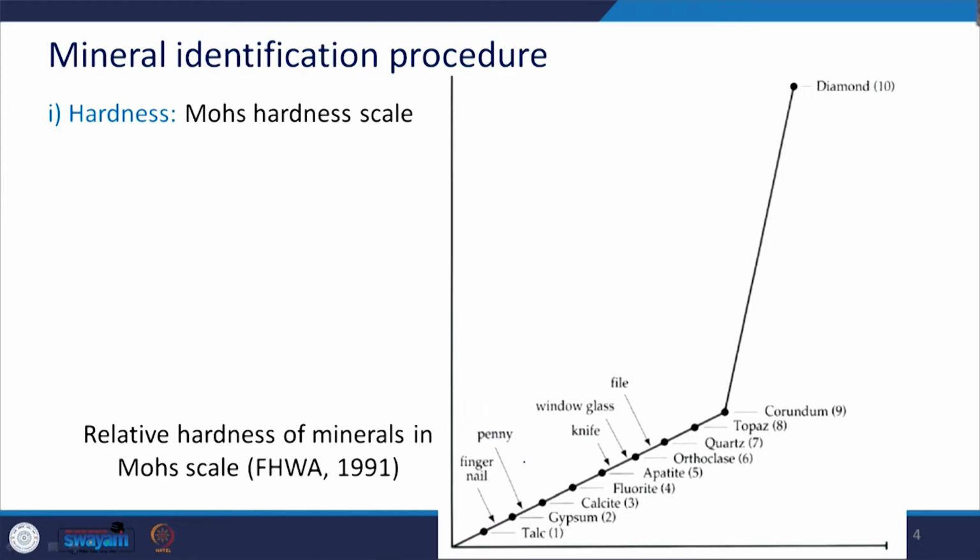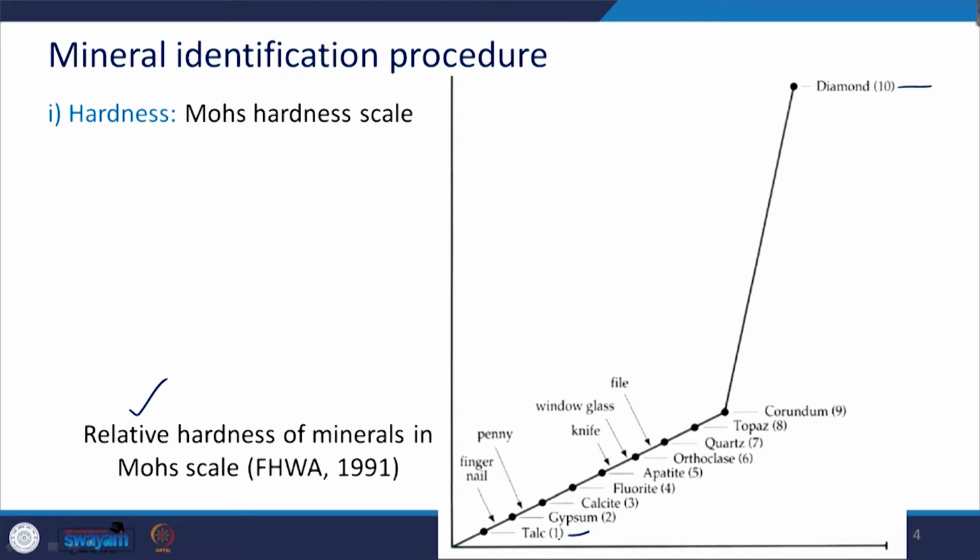Now here this figure shows the Mohs hardness scale. Again I am repeating, it is the relative hardness and not in the absolute sense, as here you can see that against the names of some of the minerals, some numbers are written. It starts from 1, 2 and goes up to 10.